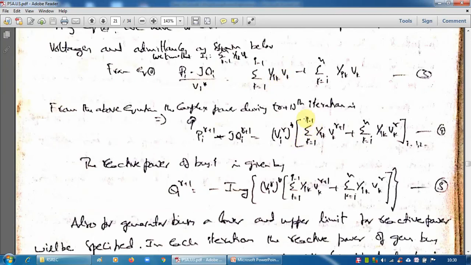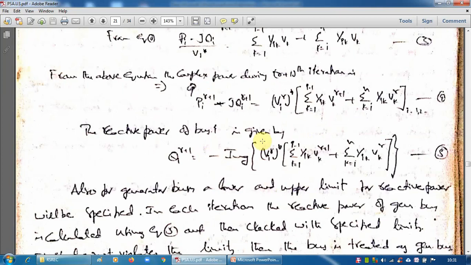That is the reason why up to I minus 1 we use fresh values, and next to I minus 1 we get I, a continuation of the series. So all those points are incorporated, and one expression for Q is obtained. This equation is used to calculate the value of Q for the generator bus.